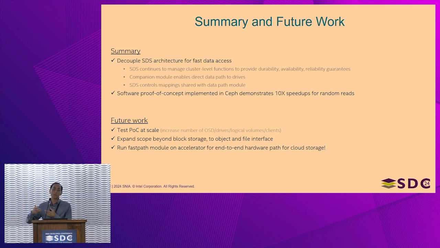We want to see how much further we can go if we can move this companion module onto a hardware accelerator like a SmartNIC, IPU, what have you. So basically the goal here is to see, can we get all the guarantees and the nice properties of cloud storage, but maintain near local drive performance.